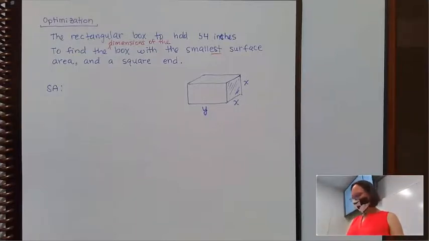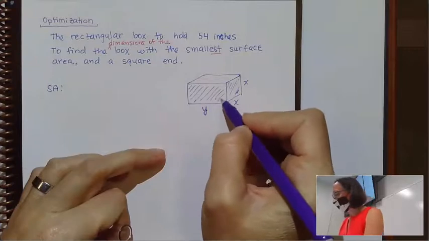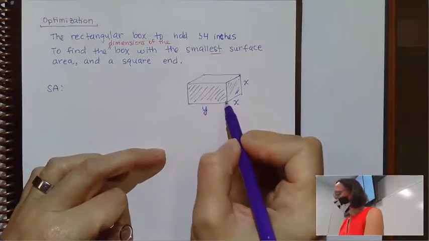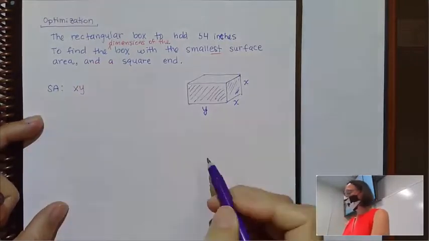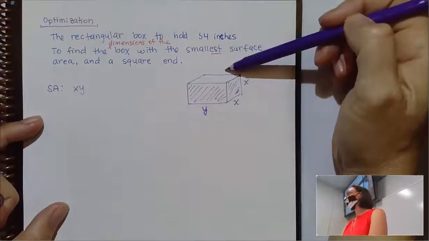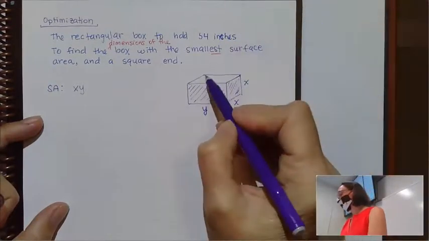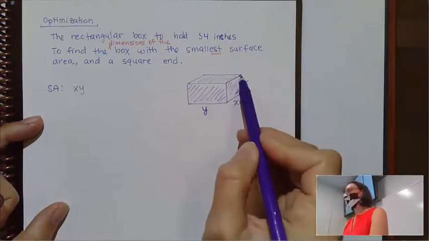the surface area is me adding the areas of all the sides. Well, this front side of the box is a rectangle that's Y by X. But that's the same as the back side of the box that we can't see, which is also Y by X. And the top of this box is also Y by X. And you know what?